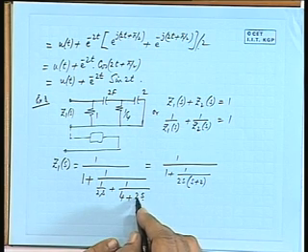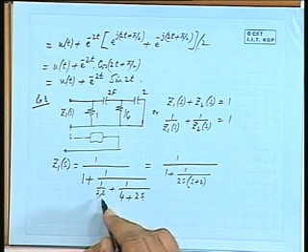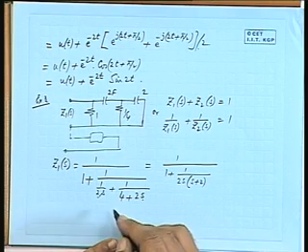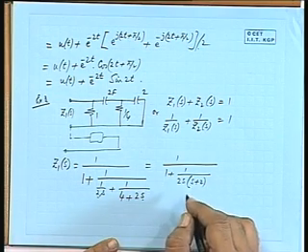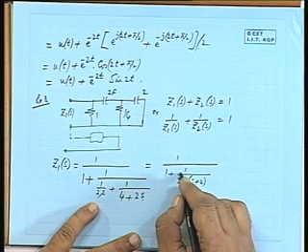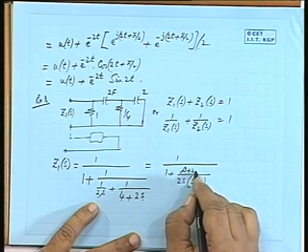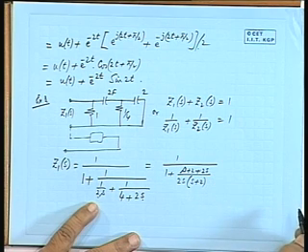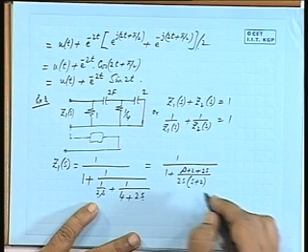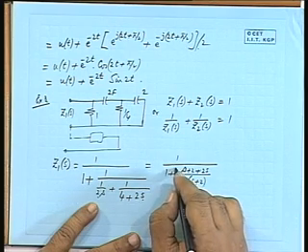I can always write 2 into s plus 2. So, 2s into s plus 2, and then the numerator will be 1 by 2s. So, s plus 2 plus 2s. Check if I am all right. Is this okay? This should be 1 by.